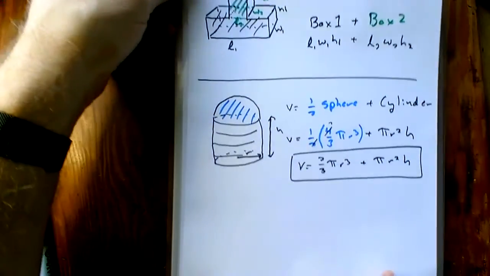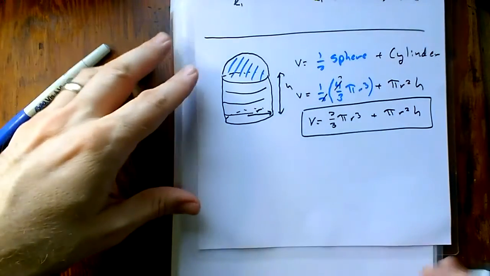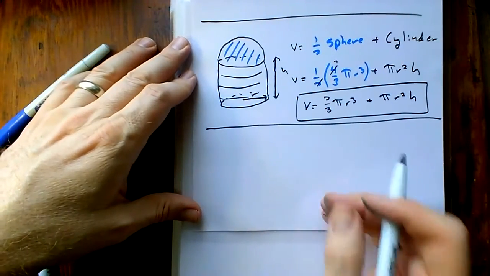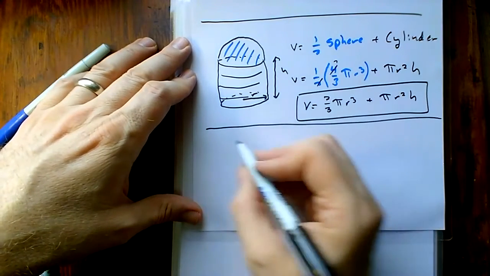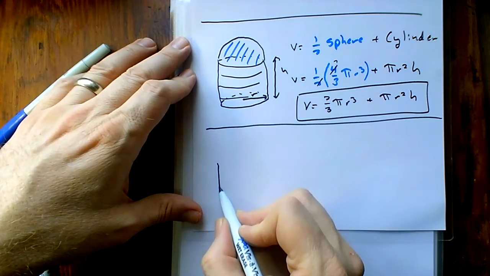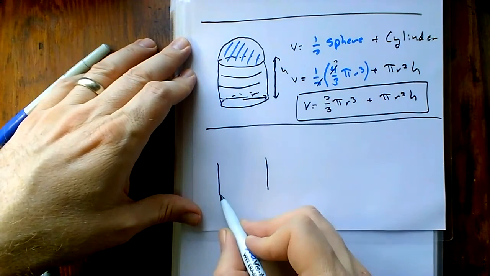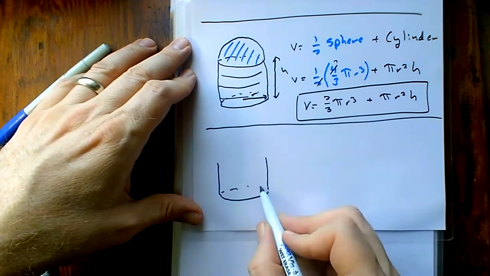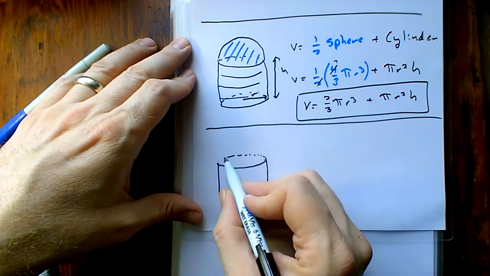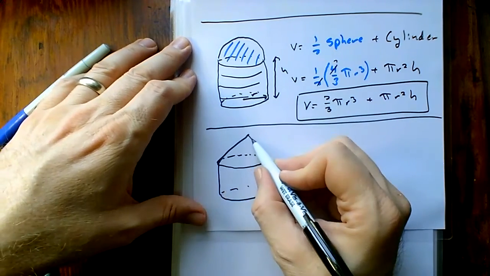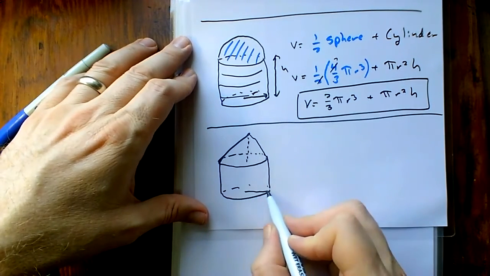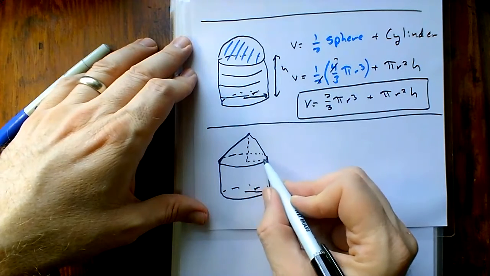I could also have something like a cone-topped cylinder. And with that, you're going to be given two different heights. So if I've got a cone-topped cylinder, you're going to be given a radius that's going to be common to them both.